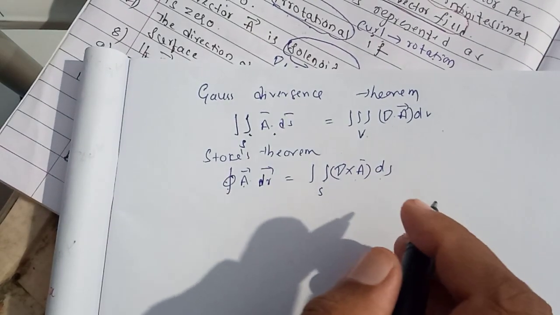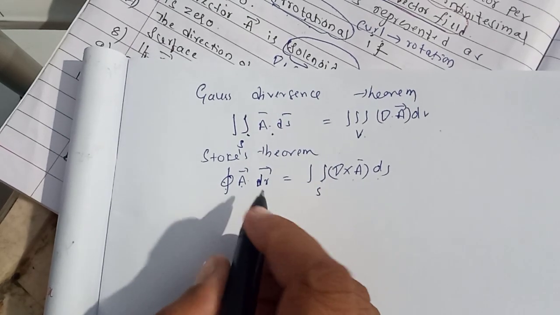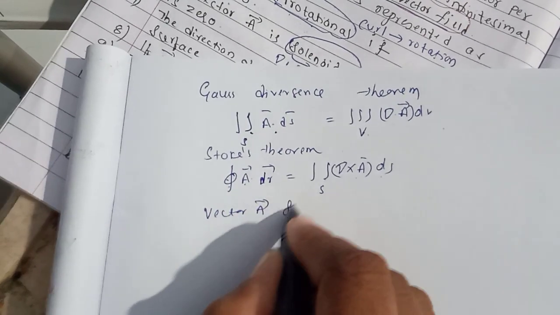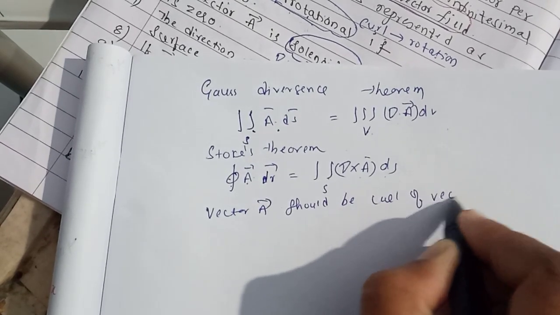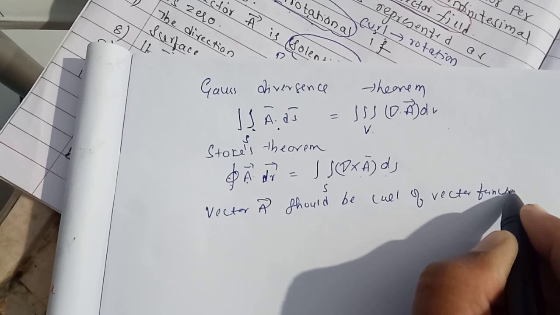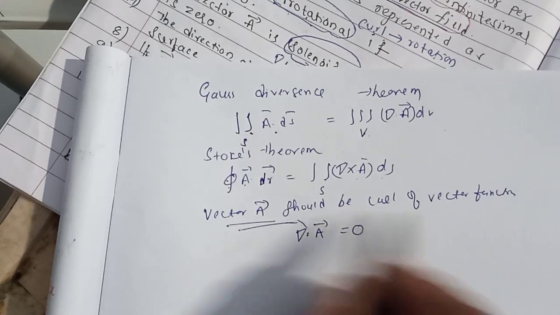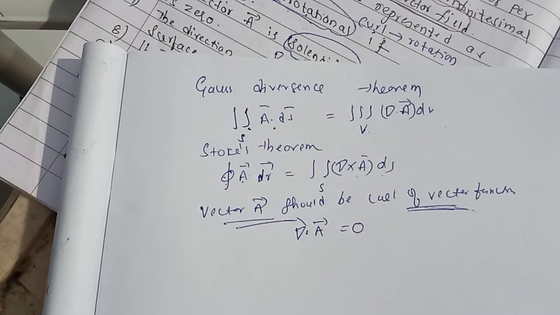And next, the condition that vector A should be the curl of a vector function. We will write, if del dot A equals 0, then the vector will be the curl of a vector function. Right? These are some of the oral bits, easier bits which may be asked in the entrance exam.